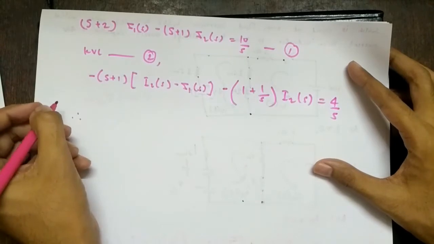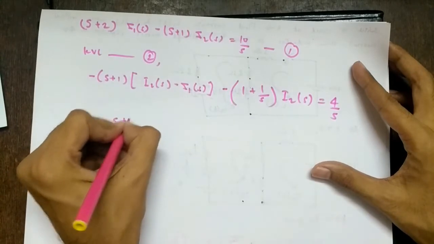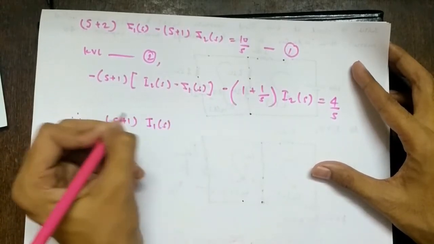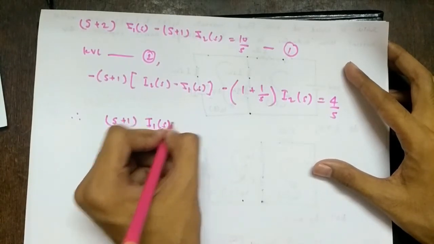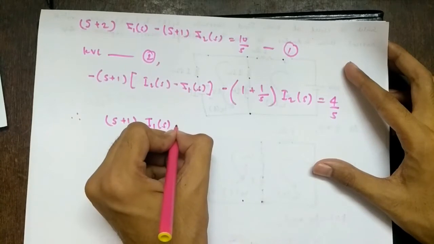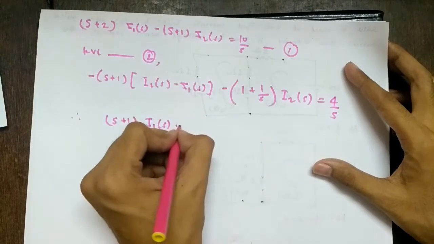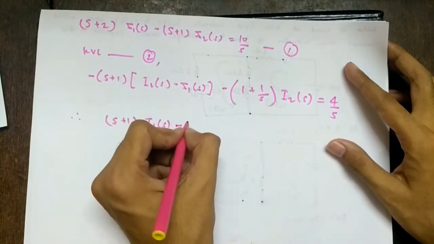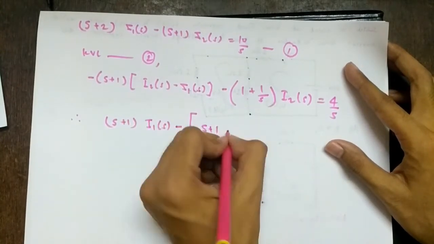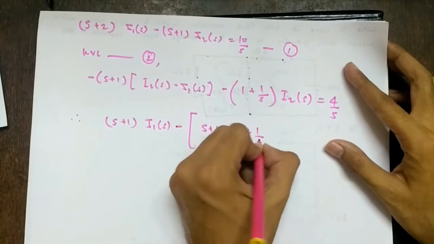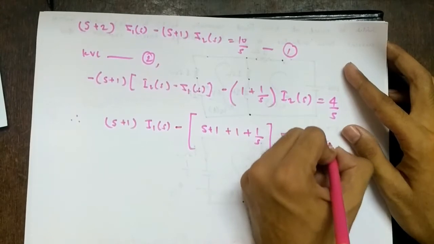I2 of s is only one term, so it will be plus s plus 1 times I1 of s minus of s plus 1, and both are minus, right? So it will be minus of s plus 1 plus 1 plus 1 by s I2 of s equal to 4 by s.